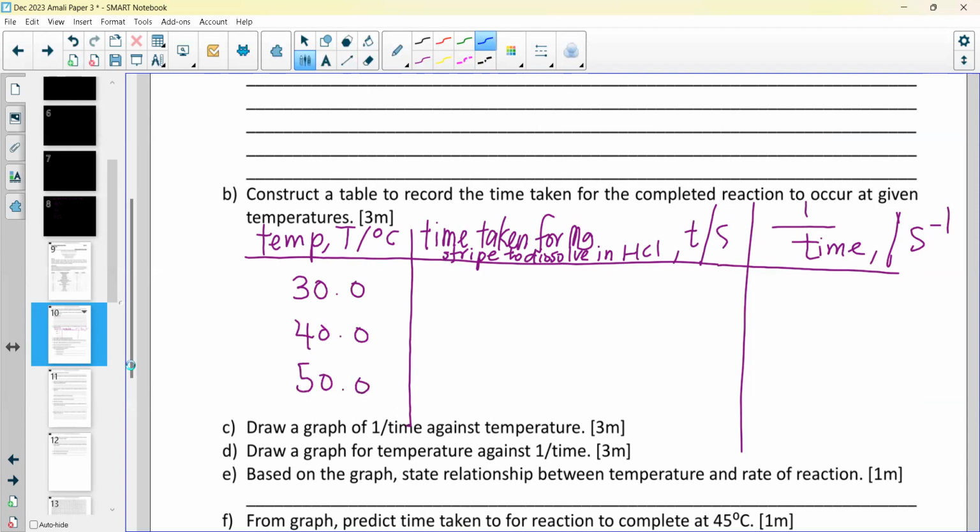Now, to calculate the time, it depends whether you are using an analog stopwatch or a digital stopwatch. For analog stopwatch, normally it is up to 1 decimal point. For digital, it is up to 2 decimal points.